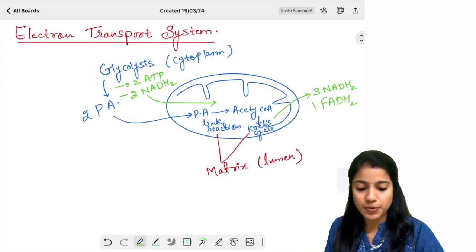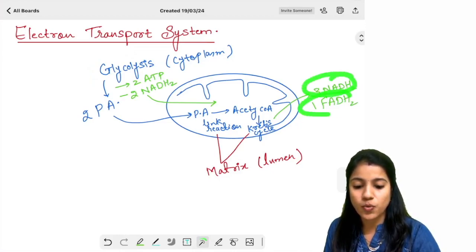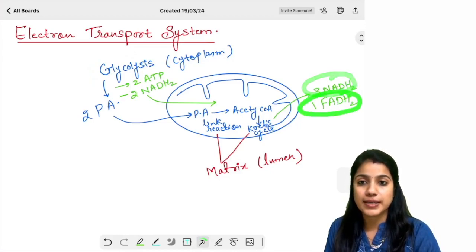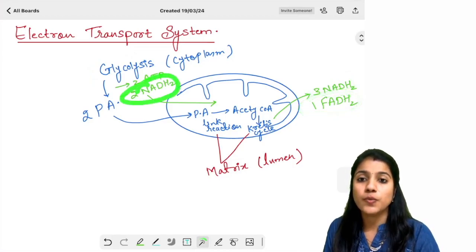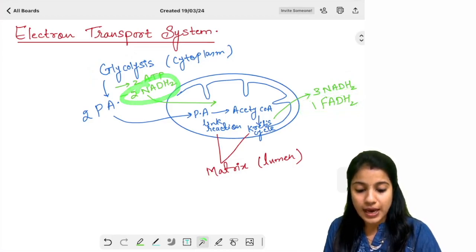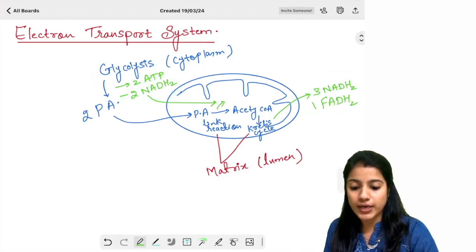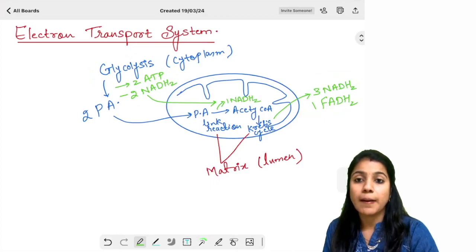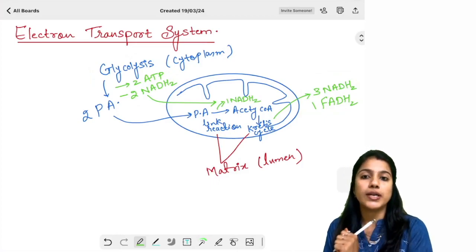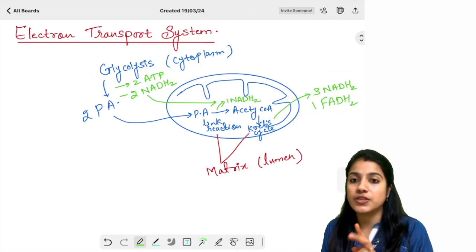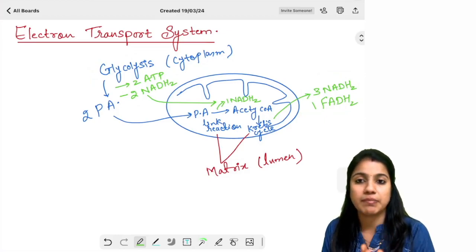Now, these products like 3 NADH2, 1 FADH2 per cycle, 2 NADH2 from glycolysis, as well as from the link reaction we are getting 1 molecule of NADH2. One link reaction, one NADH2. This link reaction will take place twice, so multiply by 2.